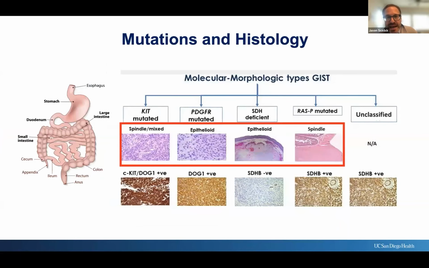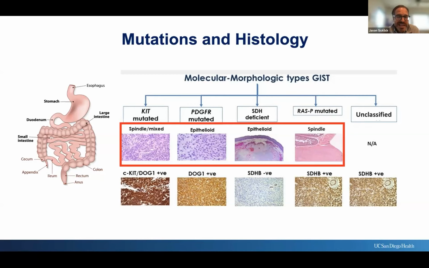So moving on past the genes, what about other things? What about things that we might understand even at the pathologic or histological level? One of the things we know is that not all GIST look alike, even under the microscope, even before we talk about the mutations.